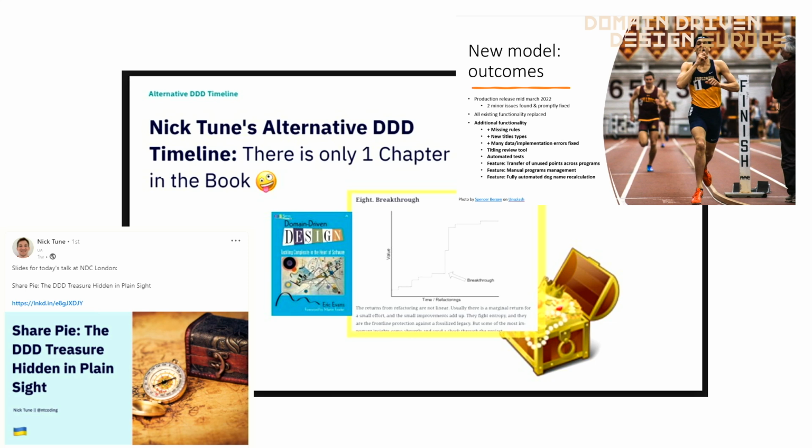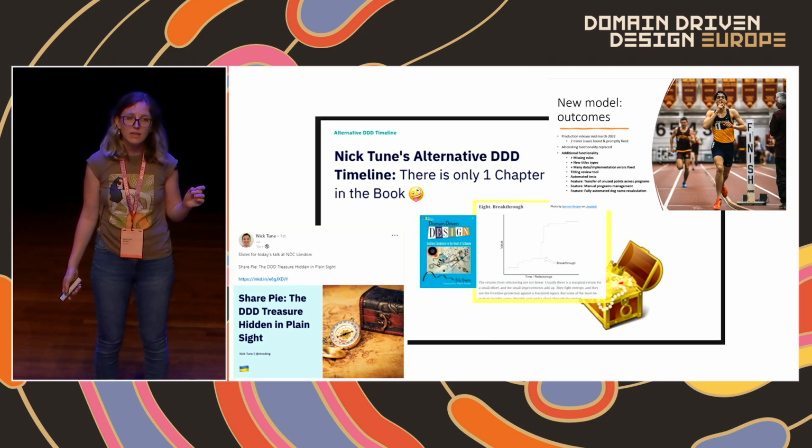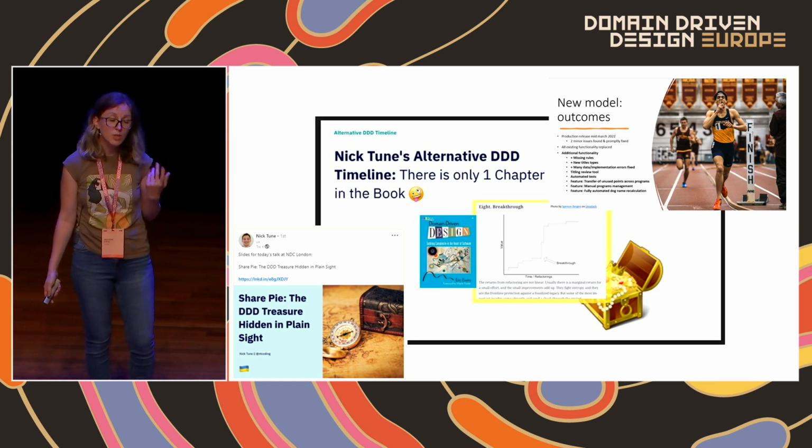And of course, when you hit a breakthrough and you realize that that's what it is, and you decide to change your model and you find a better model, then you will get unstuck, you will implement that new functionality, and you will fulfill the requirements that you knew about. And that's very important, that's very powerful. But what I think is even more important is that in many cases, that will open up new opportunities.